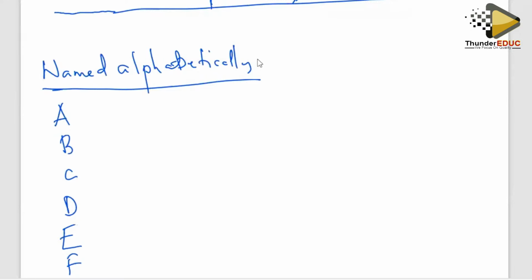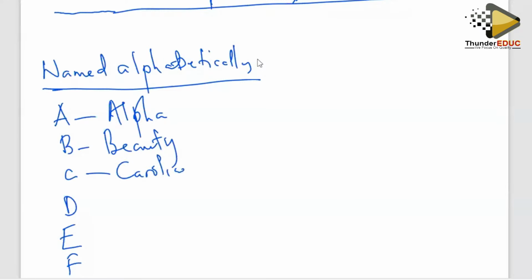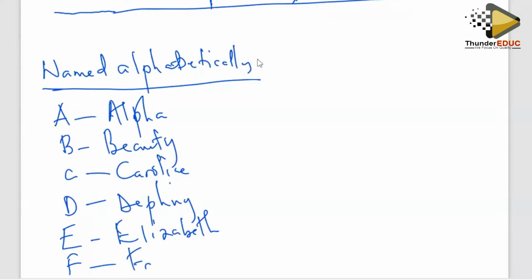Maybe the first tropical cyclone to happen in a particular season is named Alpha. Maybe the second one is called Beauty. Maybe the third one is called Caroline. Maybe the fourth one is called Daphne. Maybe this one is called Elizabeth. And lastly, maybe it's called Faith. That is how we name our tropical cyclones, according to the letters of the alphabet.